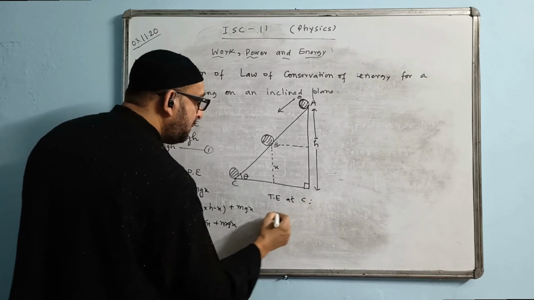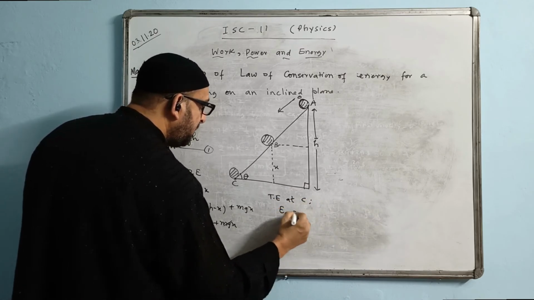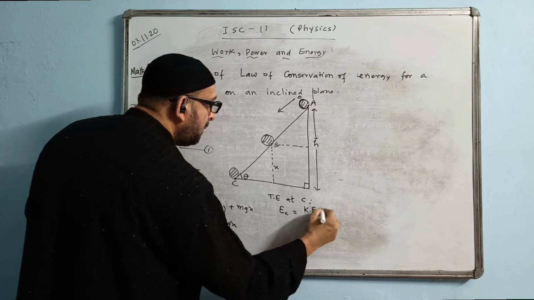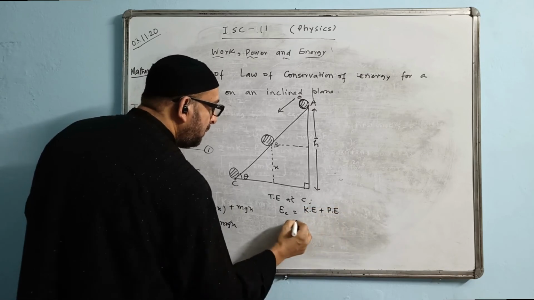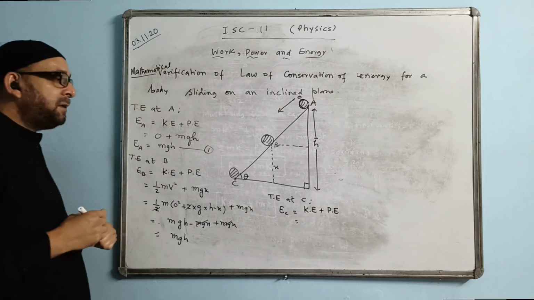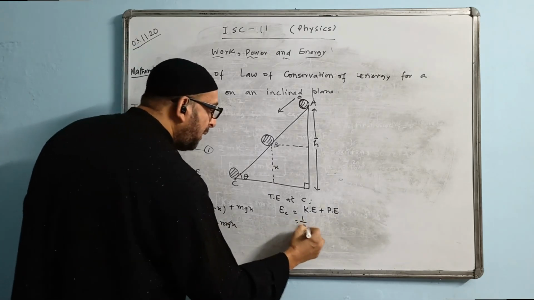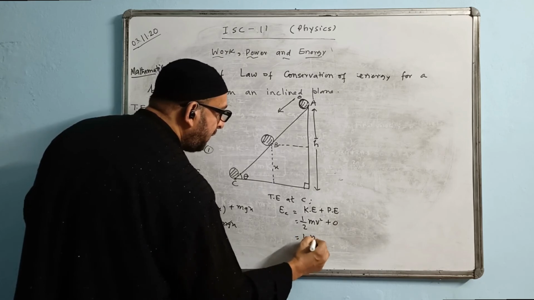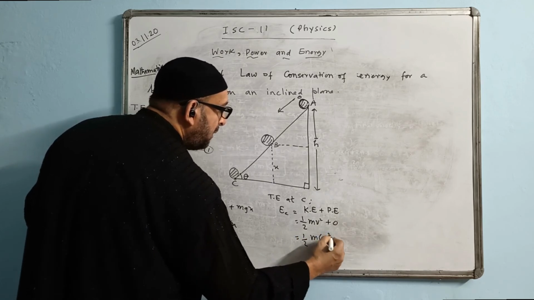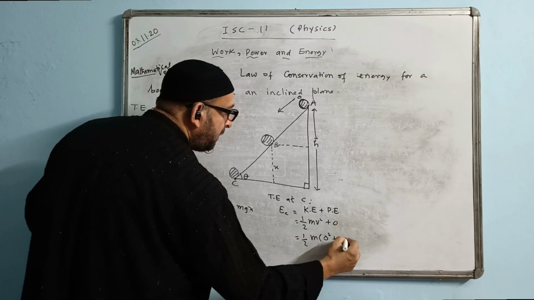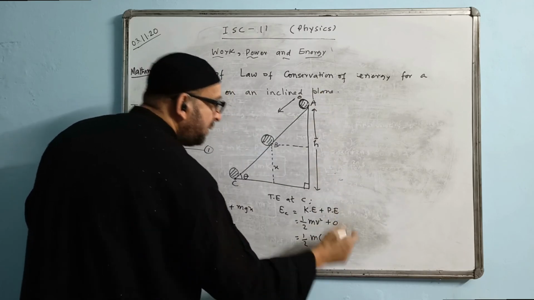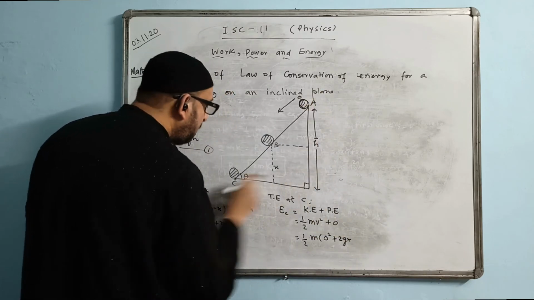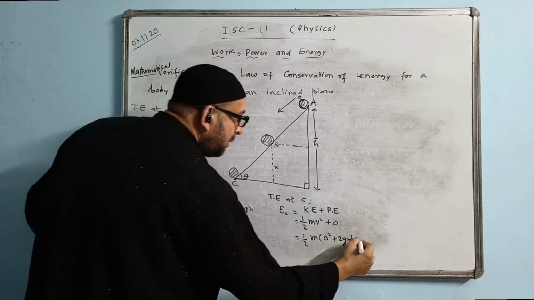Total energy at C, EC, is again kinetic plus potential. Kinetic energy is again half mv square. Potential energy is 0. In half mv square, again I write 0 square plus 2 times the vertical acceleration g times the vertical height for the point C, which is h.